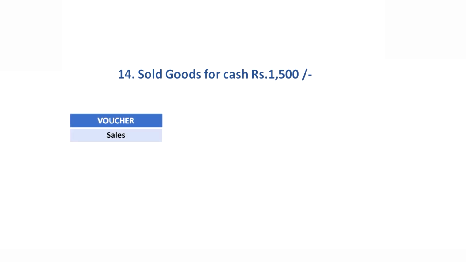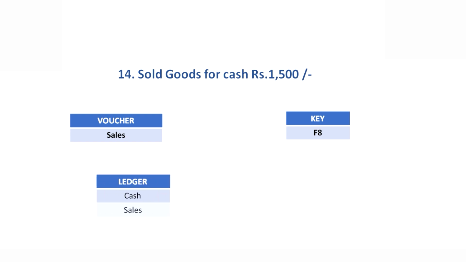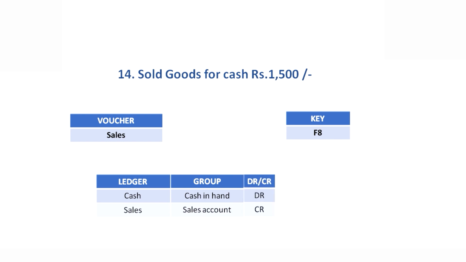So we go with the next transaction, sold goods for rupees 1500. We use sales voucher by using the shortcut key F8. The two ledgers we require are cash and sales, both are available. So we debit cash and credit sales.